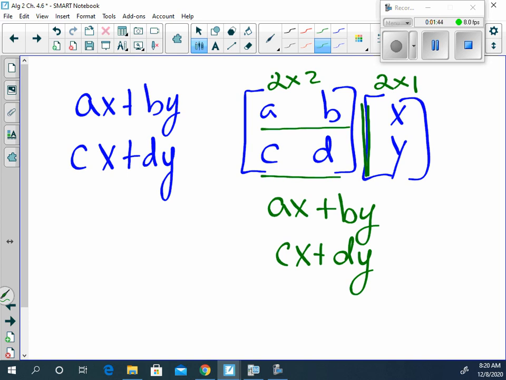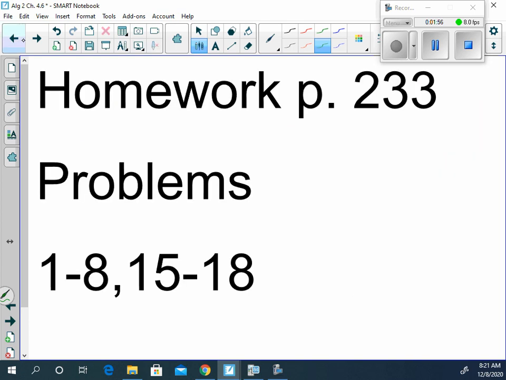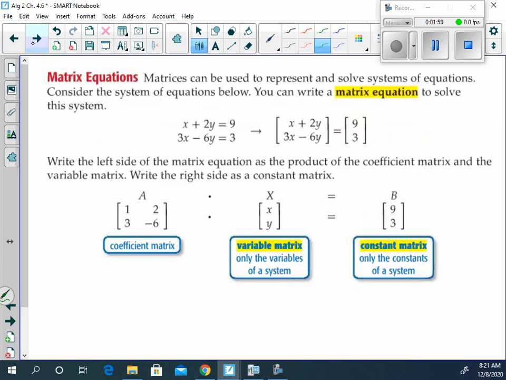And really, whatever this is equal to, say 9 and 7, I can set this equal to what it's equal to as well, because it'll work out to be the same thing. We can rewrite this using the coefficients times our variables and set it equal to what each equation is equal to.